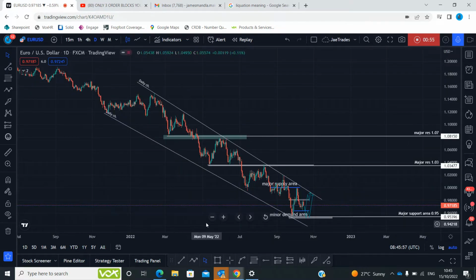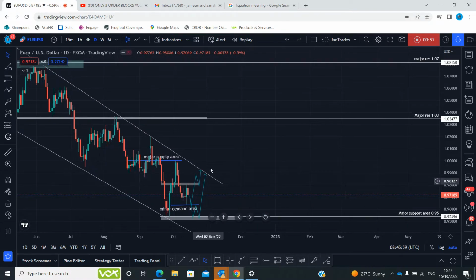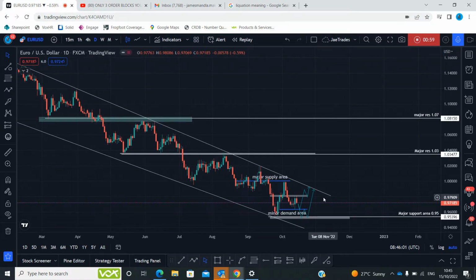So yes, guys, normally we start on the daily time frame to get an overview of what the market has been doing. The market has been pushing towards the low.